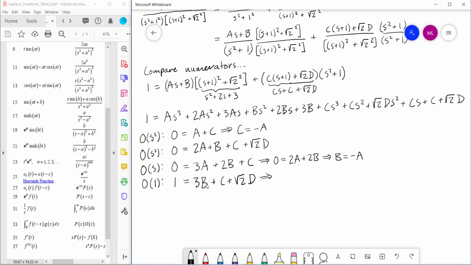So let's just stick with b, since we're already there. We've got 3b, we already know that b and c are the same thing. So let's replace this with a b. We have 3b plus another b, so that's going to be 1 equals 4b plus the square root of 2 times d. And that gives us a relationship we can use there.